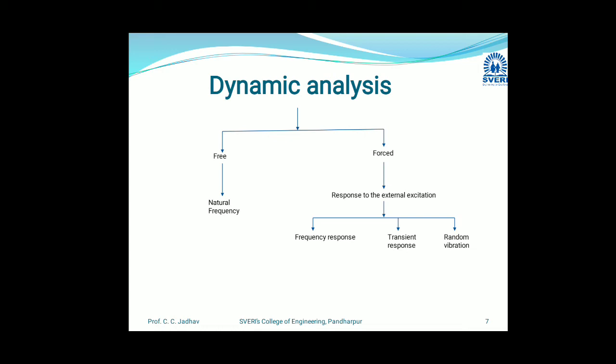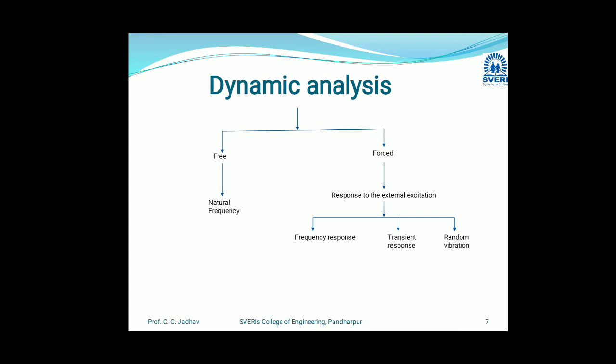So in that forced, there is a response to external excitation. There are three types, that is frequency response, transient response and random vibration. In that frequency response, that is the frequency domain, a steady state sinusoidal excitation limited to linear elastic structure, and rotating machinery, unbalanced tires, helicopter blades.